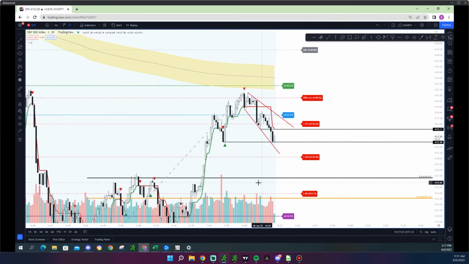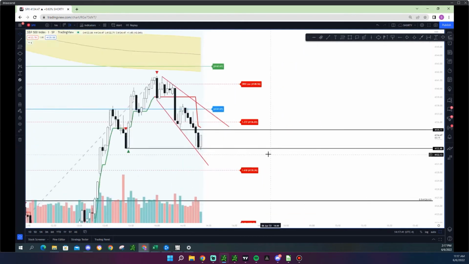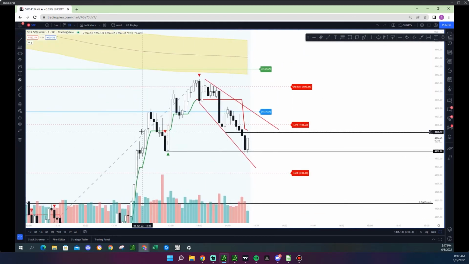We have a little mega here. What happens now when it hits this previous higher low that it kind of had trouble with earlier?